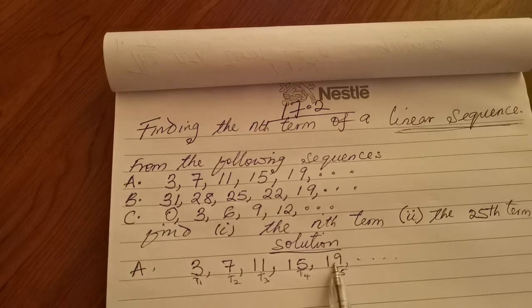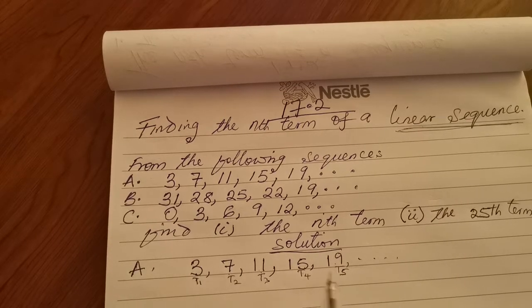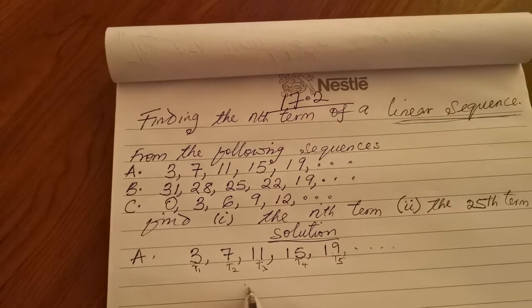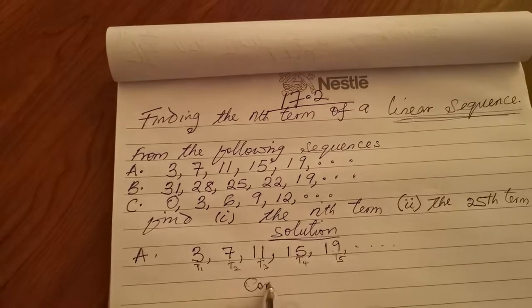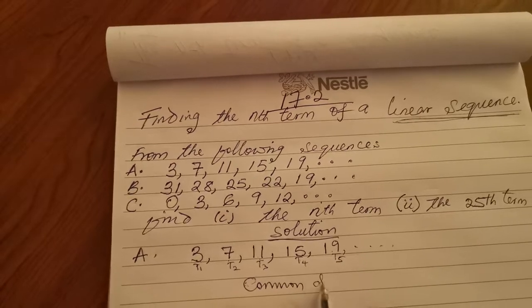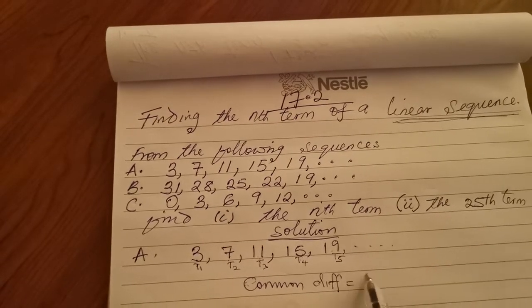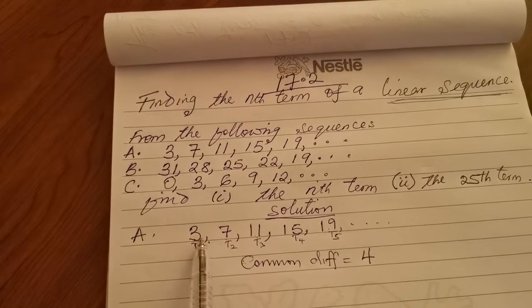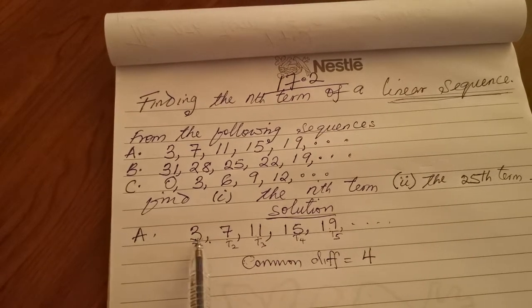You see, that's how it increased, with a common difference of plus 4. So the common difference here is 4, because we are adding 4 to each term to produce the next term.